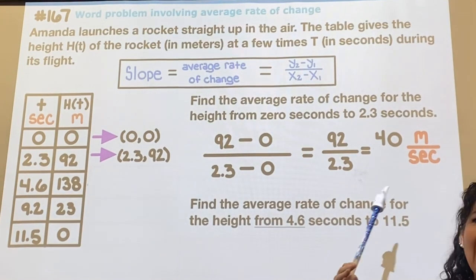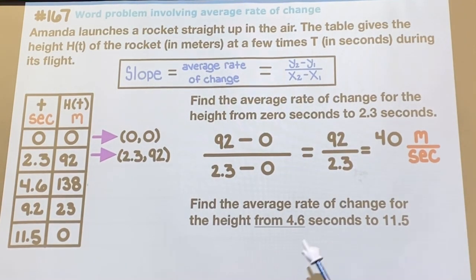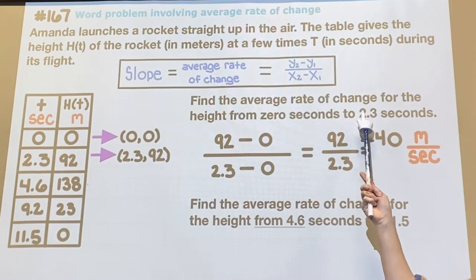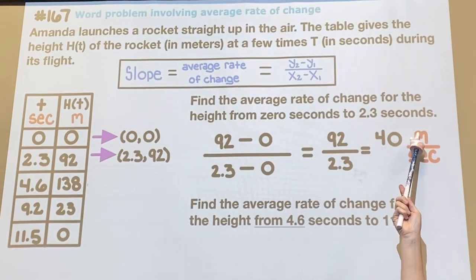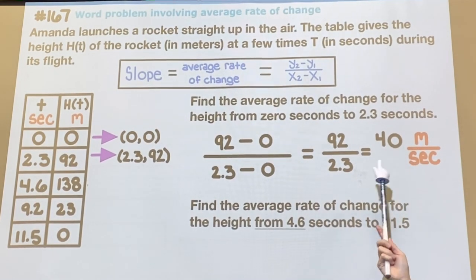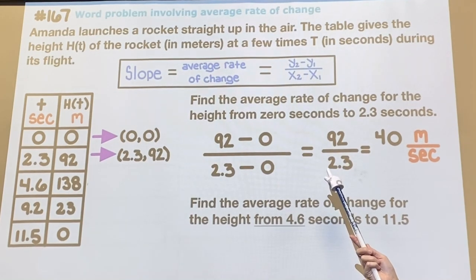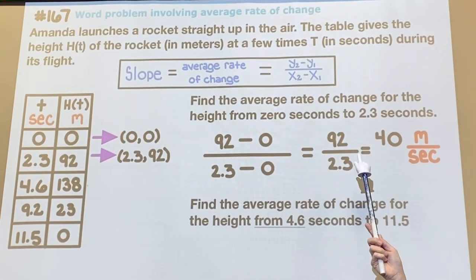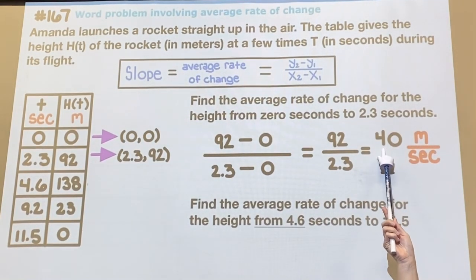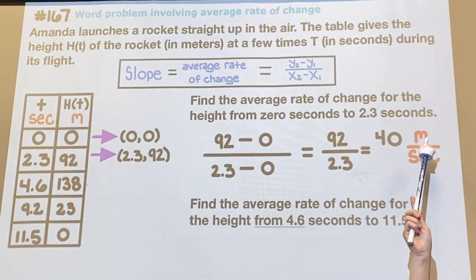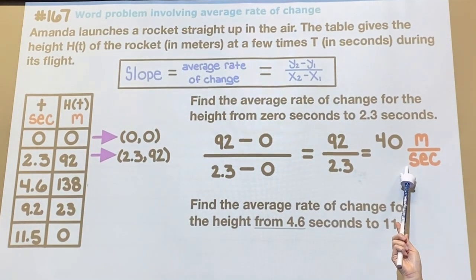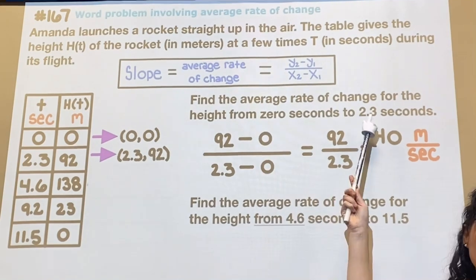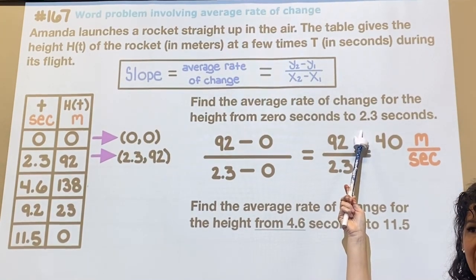We're saying the average rate of change from 0 to 2.3 seconds is 40 meters per second. In other words, on average, this rocket's height was increasing 40 meters per second from time 0 to 2.3 seconds.